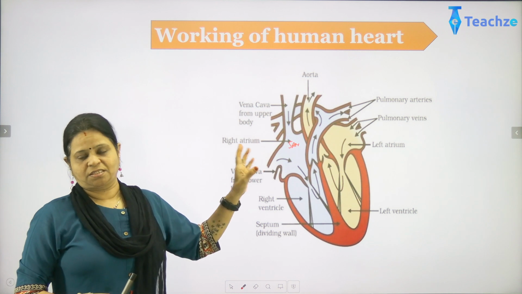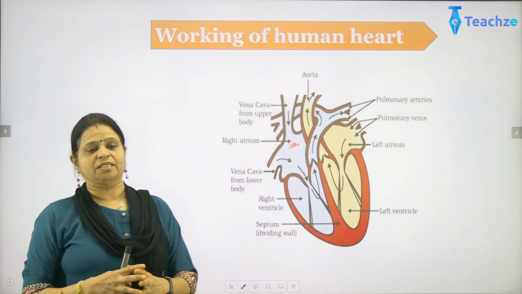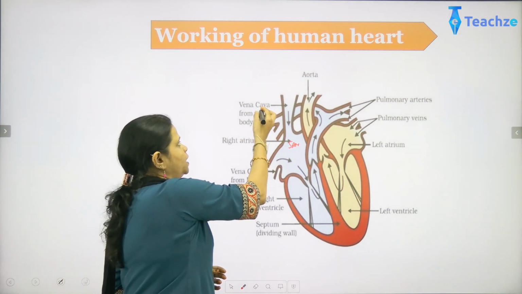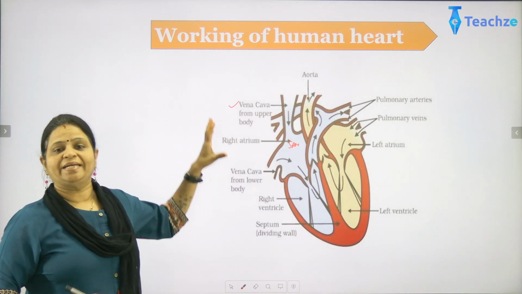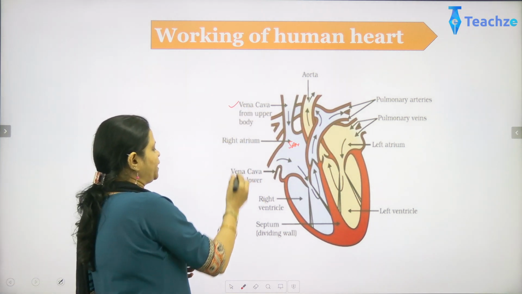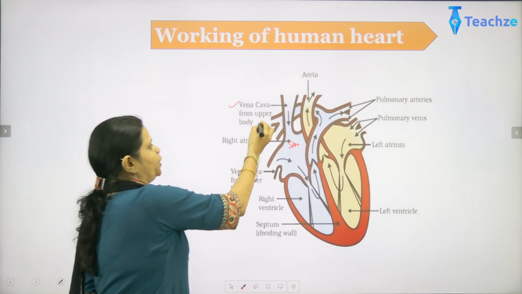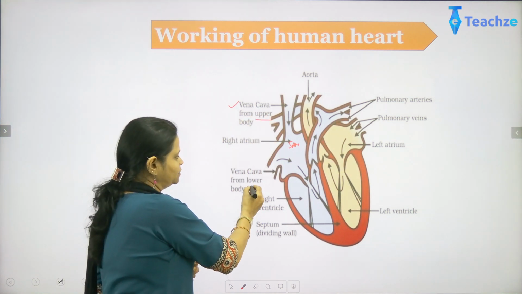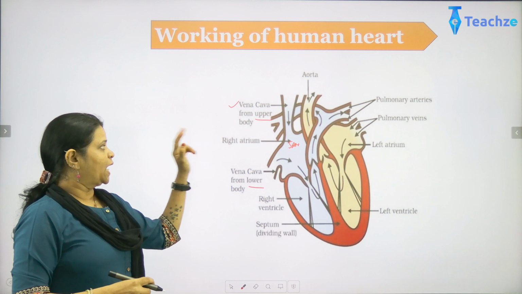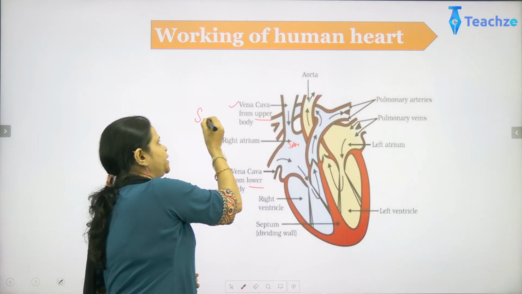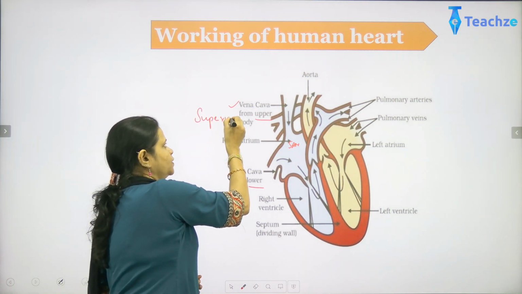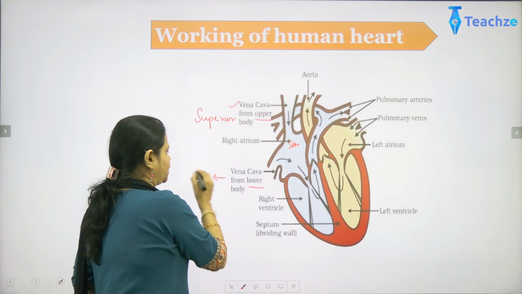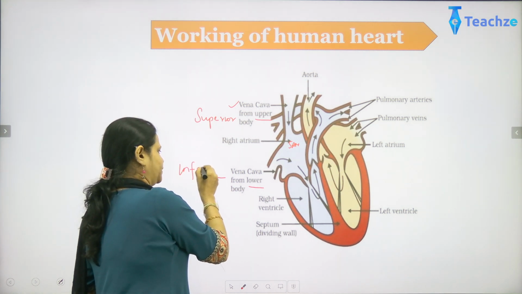Blood initially enters through the right atrium, through the vena cava, which is divided into superior and inferior. So you have the upper and the lower as given here. The upper one we call the superior vena cava, and the lower one we call the inferior vena cava.